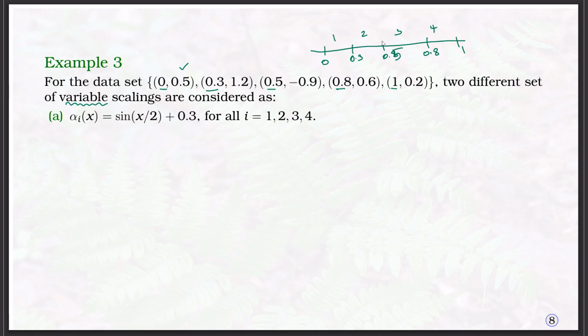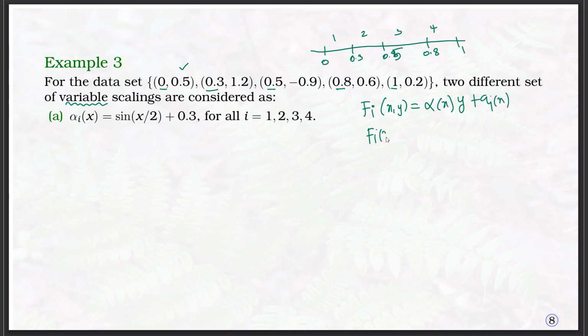For each interval we need to choose a vertical scaling factor. The vertical scaling factor will act in F_i of (x, y) equal to alpha_i(x) times y plus q_i(x).